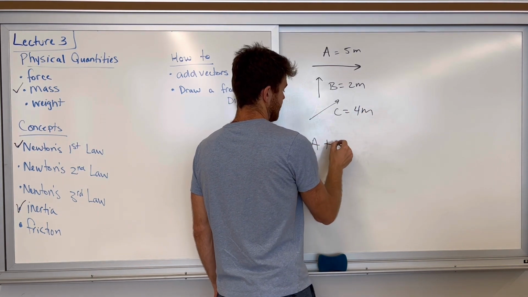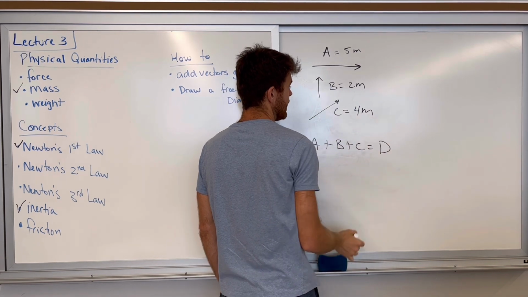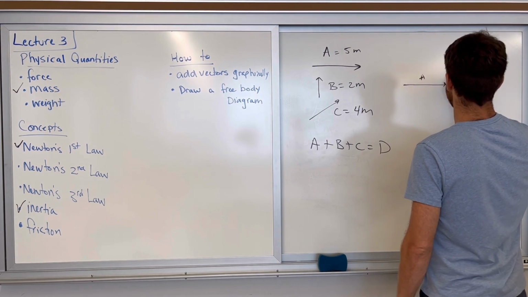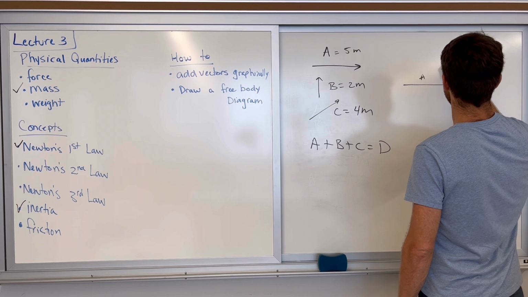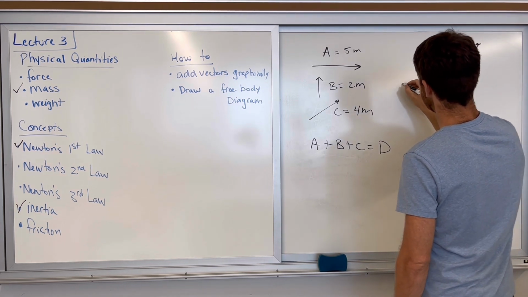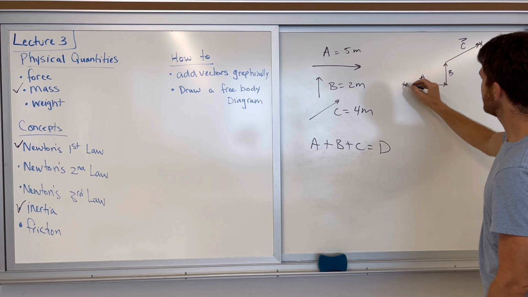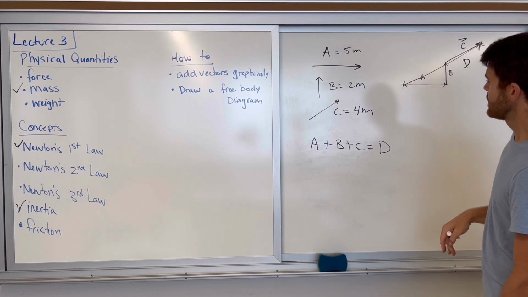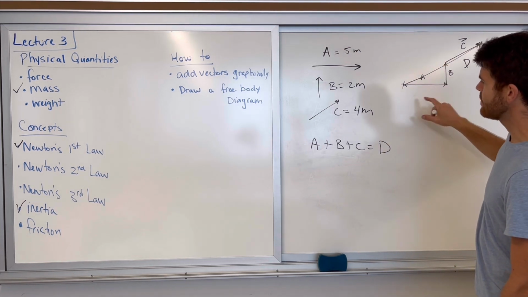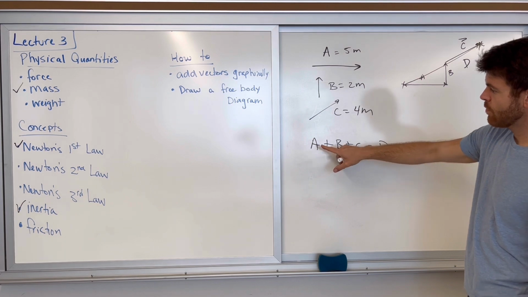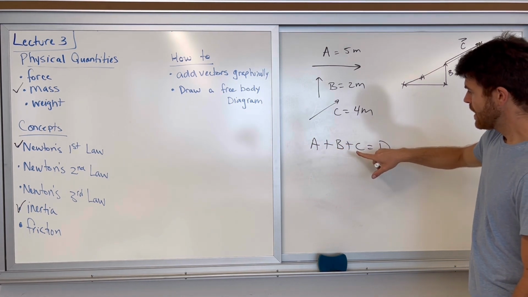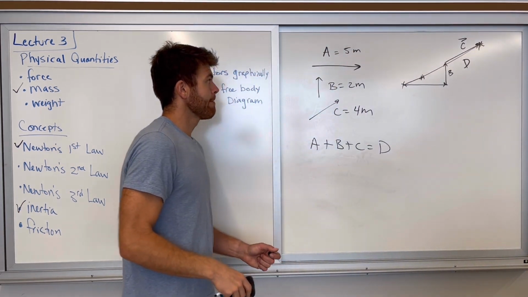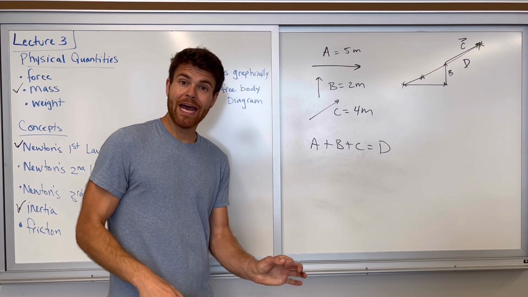Now find vector A plus B plus C equals some vector D. Well, draw vector A, then vector B, then vector C, and vector D. We go from the beginning of A to the end of C. That would be vector D. Okay. So we add vectors tip to tail, where we begin with the first vector, where it ends, the next vector starts. And where that ends, the next vector starts. Now, that's adding vectors.